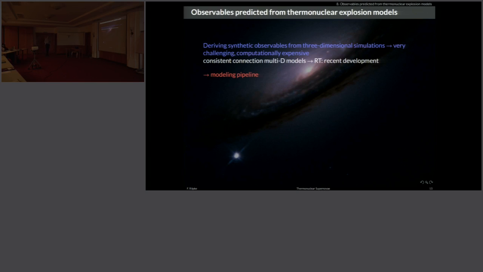The radiation transfer modeling, if you do that in 3D, is actually rather expensive. In order to do that in 3D, people rely on Monte Carlo techniques, and that requires a minimum number of Monte Carlo packets to follow the random walk of the photons through the ejecta and to model the interaction.